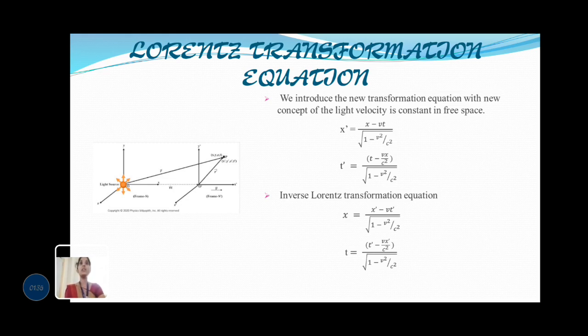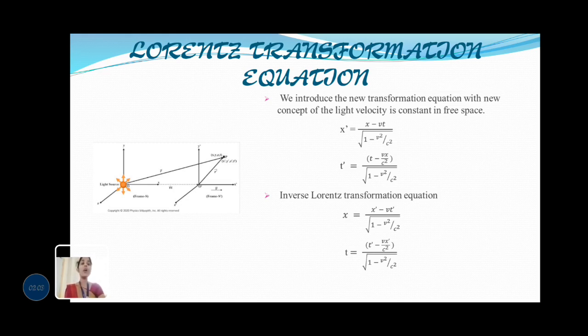We measure the time from the instant when the origins of S and S dash coincide. The light pulse produced at t equal to 0 spreads out as a growing sphere, so the wave front is produced with the speed c. After the time t, the observer will note the light is produced at point P of x, y, z; the other observer will note it at the point P of x dash, y dash and z dash.